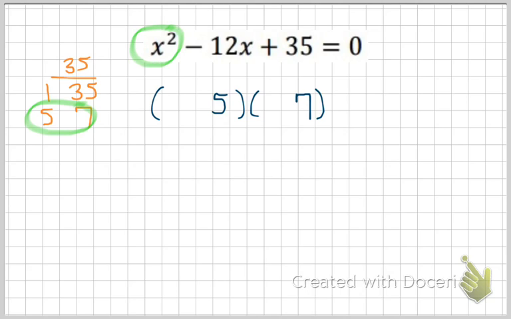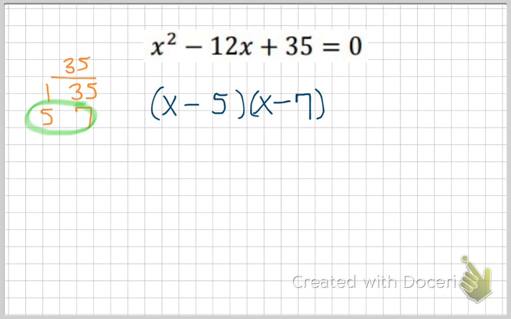Looking at our leading term, we have x squared, so we need an x here and an x here. How can these two give us a negative 12? If they're both positive, they'll give us a positive 12. So what that means is they both need to be negative, because negative 5 plus negative 7 will give us the negative 12 that we need.